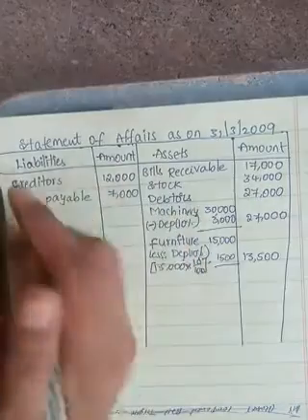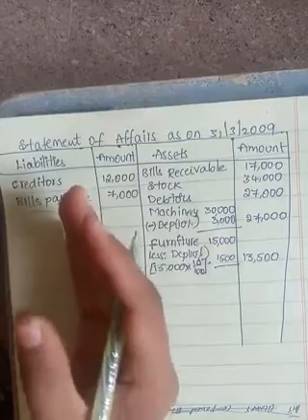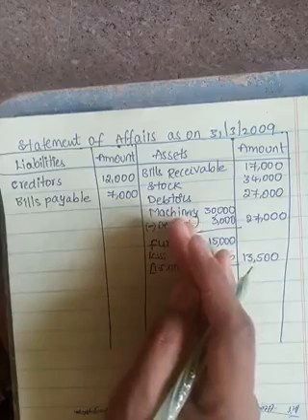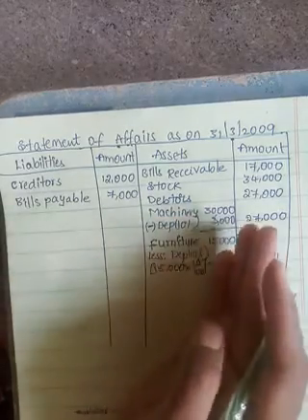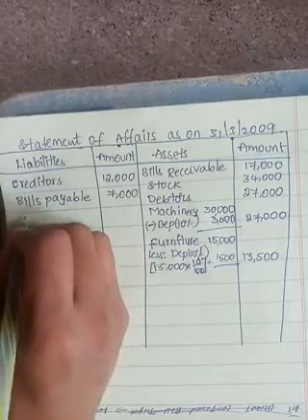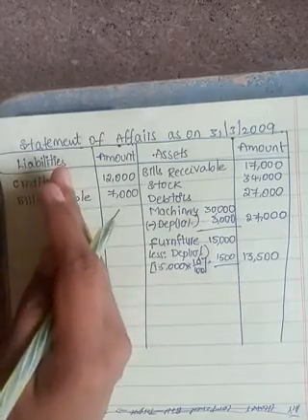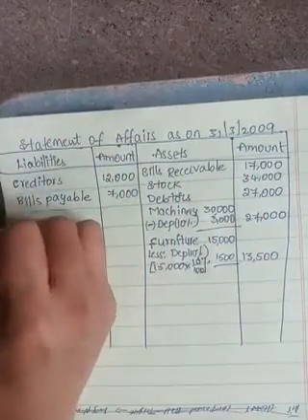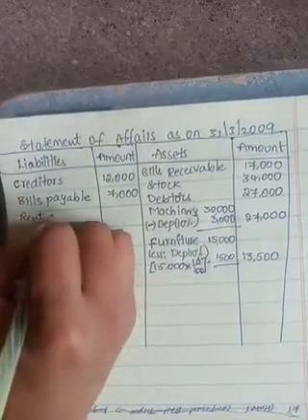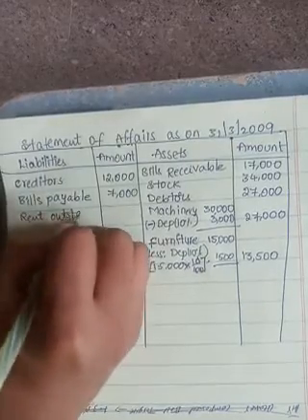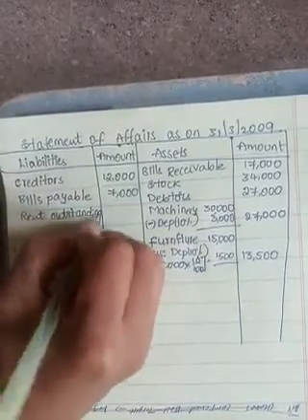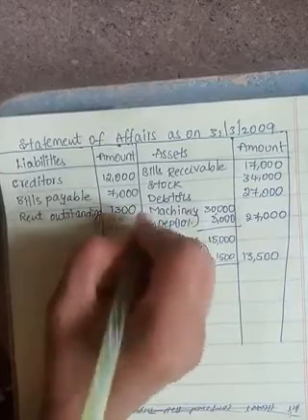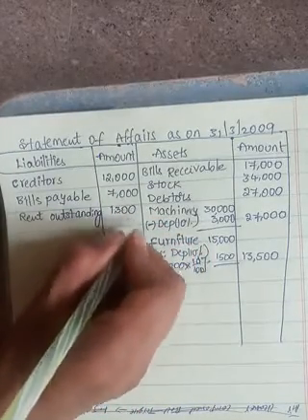The next is rent outstanding. Here outstanding expenses will come on the liability side, and prepaid expenses on the asset side. So that is rent outstanding, 1,300.